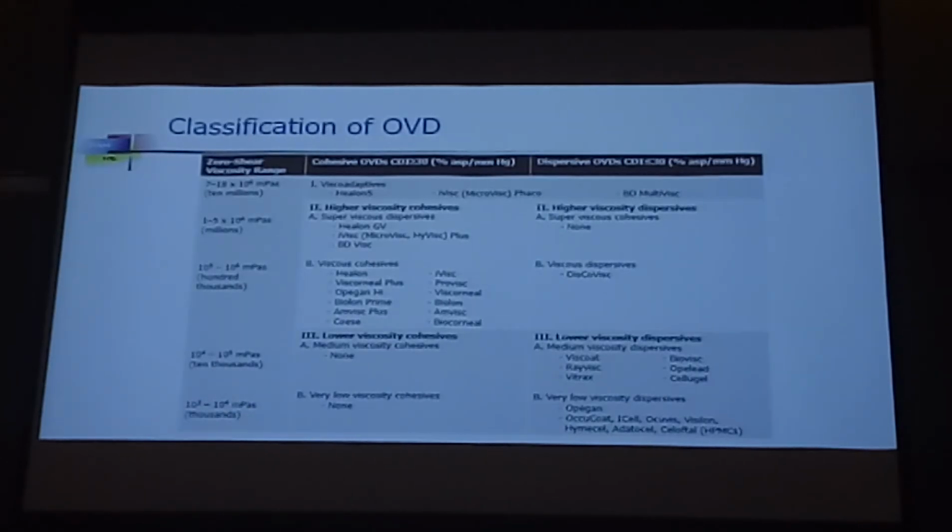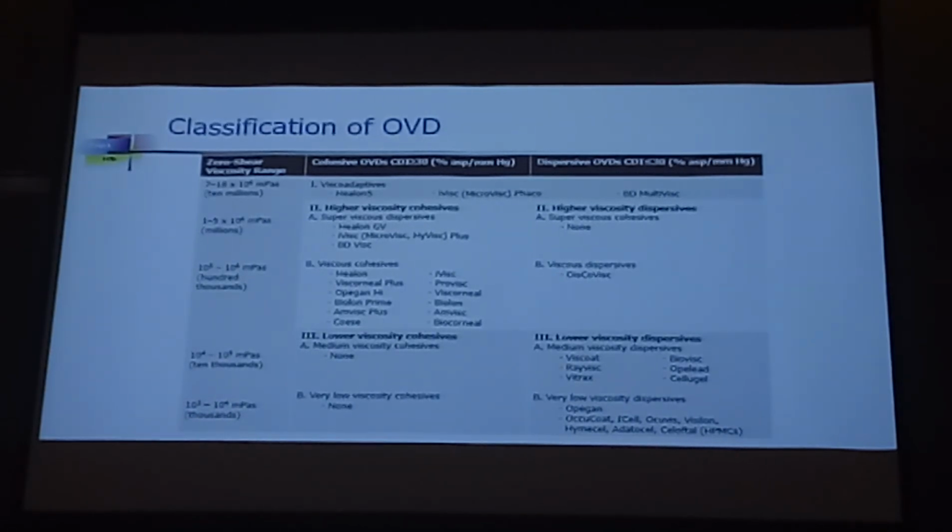So that comes to the last slide. I always tell my trainees, when I was a trainee, this table was so much easier. There were only two columns, dispersive and cohesive. Today, there are 5 cells. So there's so much more to learn.